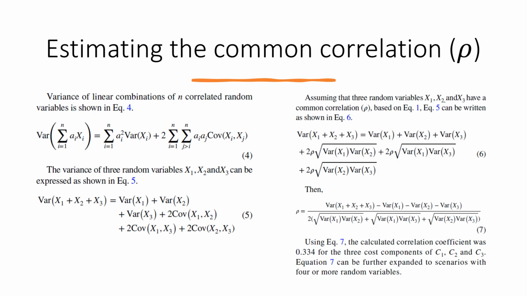We presented the variance of linear combinations of n correlated random variables in equation 4. Under the assumption of a common correlation coefficient of the three cost components, we derived the equation of the correlation coefficient. The calculated correlation coefficient was 0.334 for the three cost components.